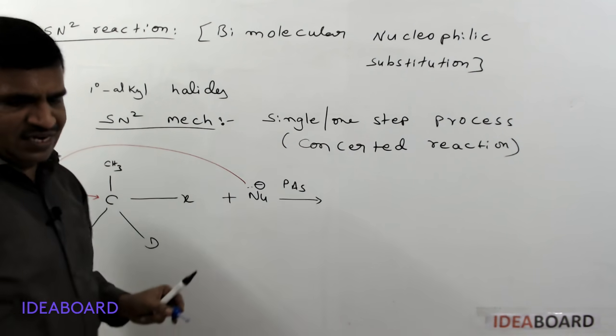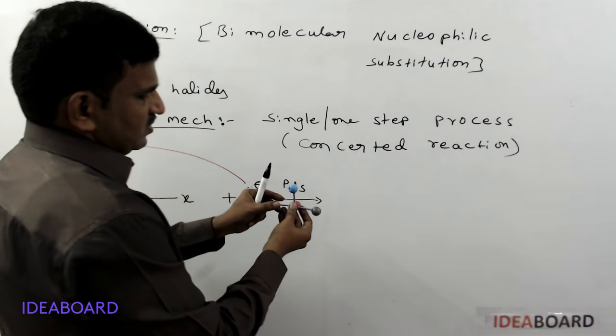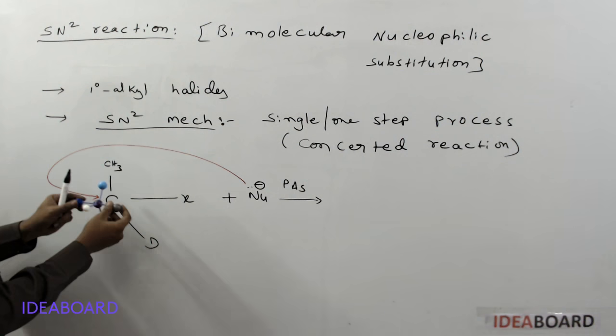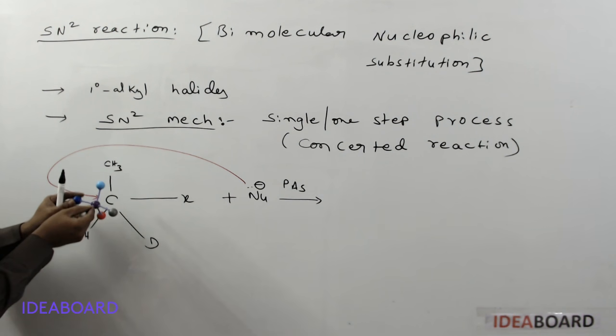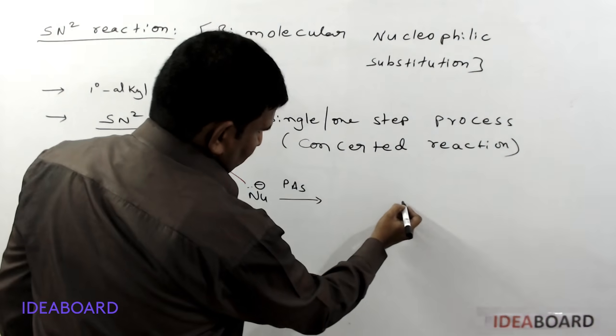By this attack, we get this type of molecule: the front side has the halogen, these three are the groups present, and the nucleophile attacks from the back side.